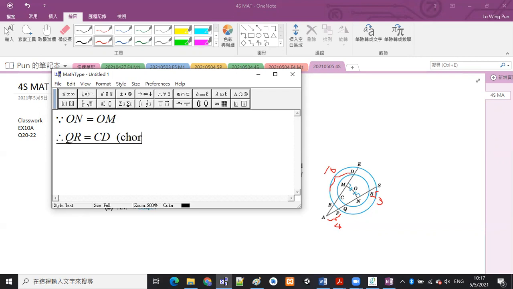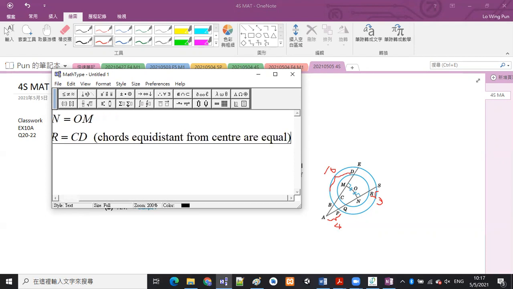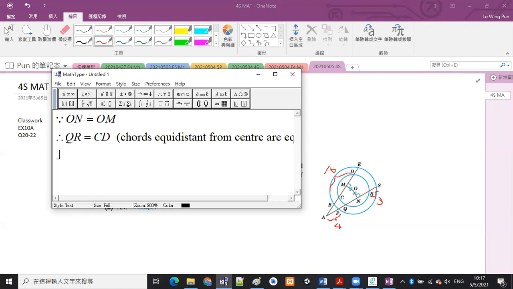This is chords equal distance from center are equal. Okay? And they are both equal to 10 cm. Okay? 10 cm. So now I have found that QR is equal to 10 cm.